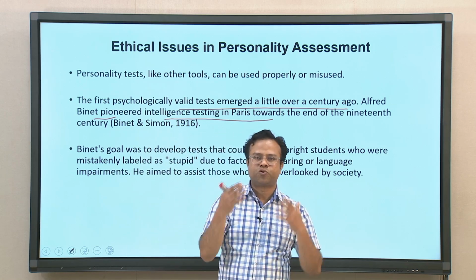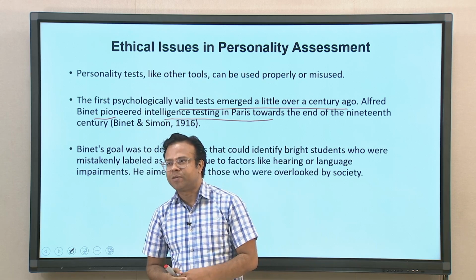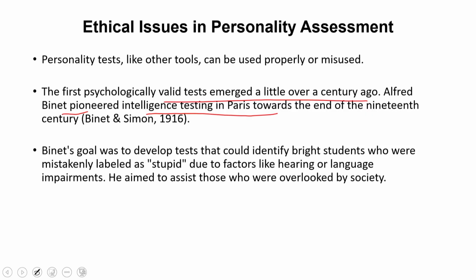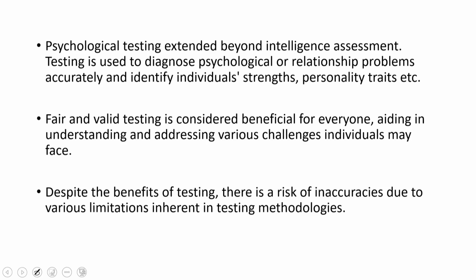Many students who are actually intellectually bright were mistaken as stupid because of their social behavior, or due to factors like hearing or language impairments. So, he aimed to assist these individuals in getting admissions and so many things in applied aspects. That was one of the first tests developed, mostly in the context of intelligence.